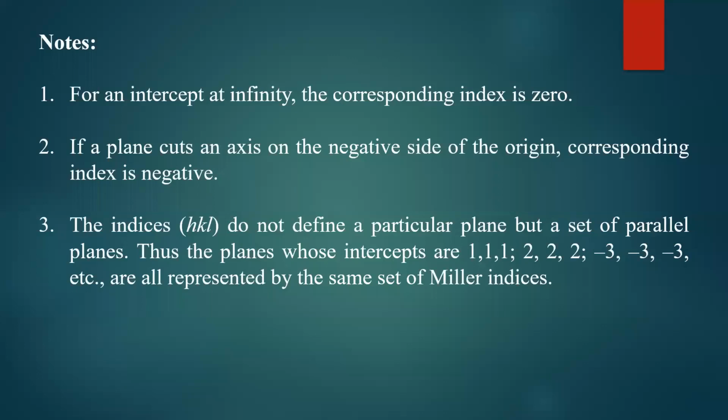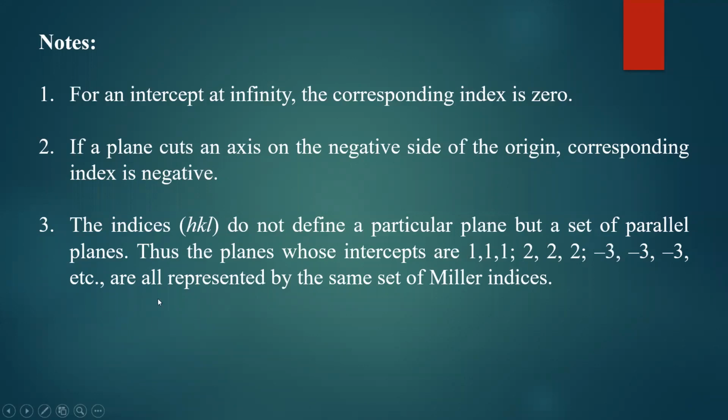So here, if you multiply by the least common denominator, 1, 1, 1 is equivalent to 2, 2, 2. If you divide by a common number, that will give you the same 1, 1, 1 again. So 1, 1, 1 is the representation of all these planes. Even if you get 2, 2, 2 as Miller indices, that is equivalent to 1, 1, 1.